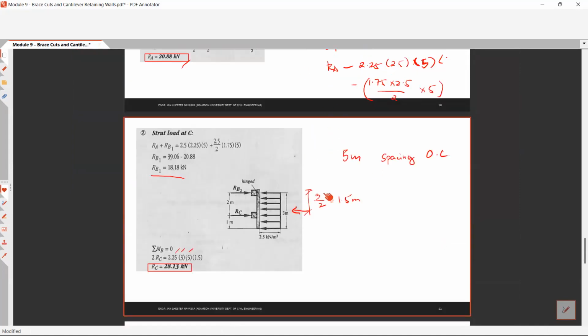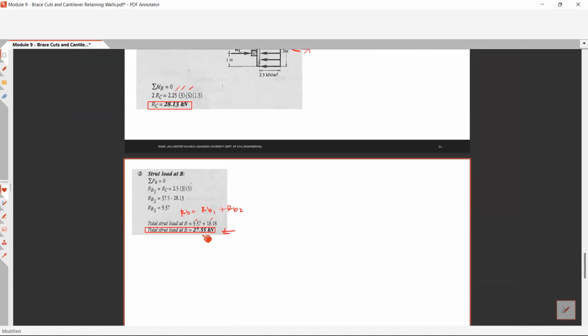After you get the strut loads, you can now design your bracing. This load is your axial compression or axial tension.